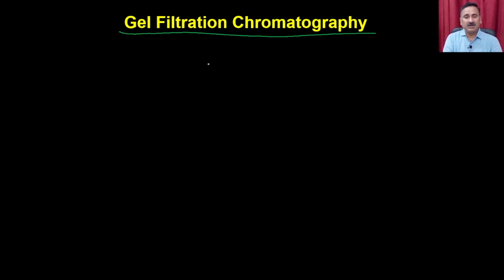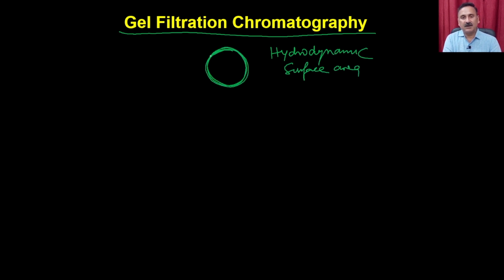Gel filtration chromatography is basically separating molecules based on the hydrodynamic surface area, which means it's going to measure how much water is associated with the surface. And this can be a very robust tool to measure when the enzyme is interacting with the substrate.